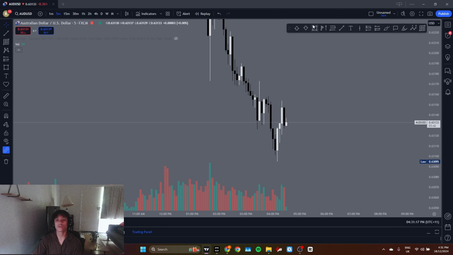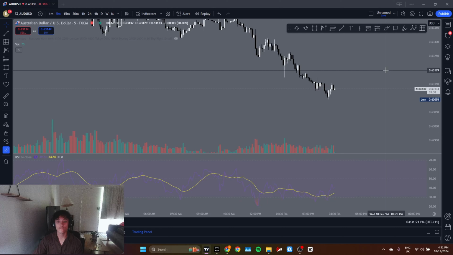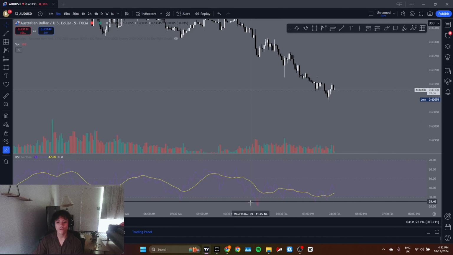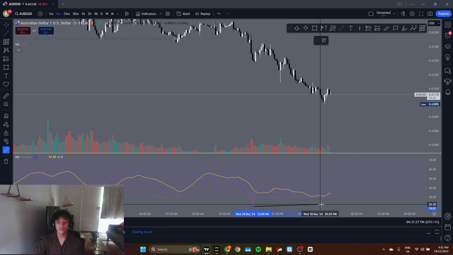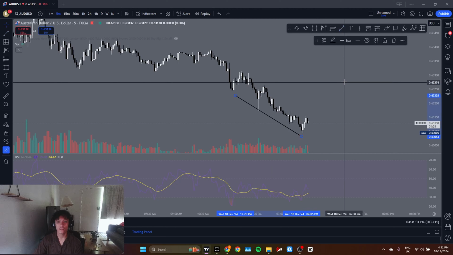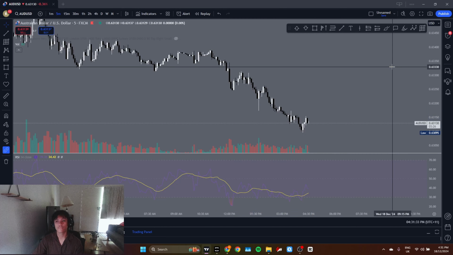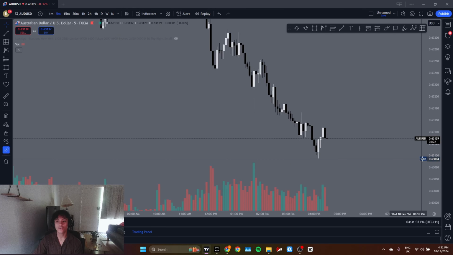Okay, pretty solid. I can already see something. That's also good. This is a divergence, when the RSI is making higher highs and price is making lower lows. It can indicate a case of trend reversal.